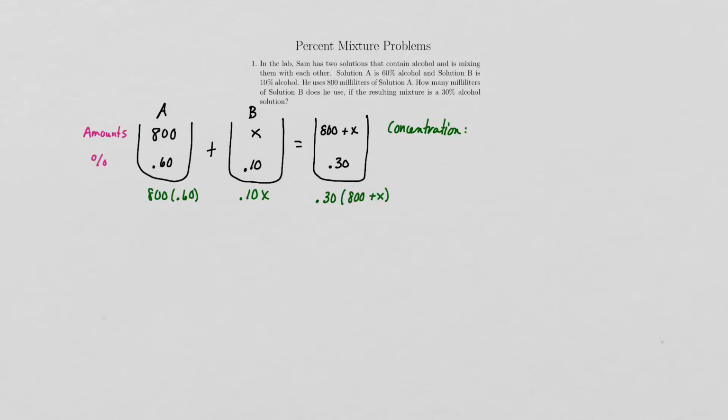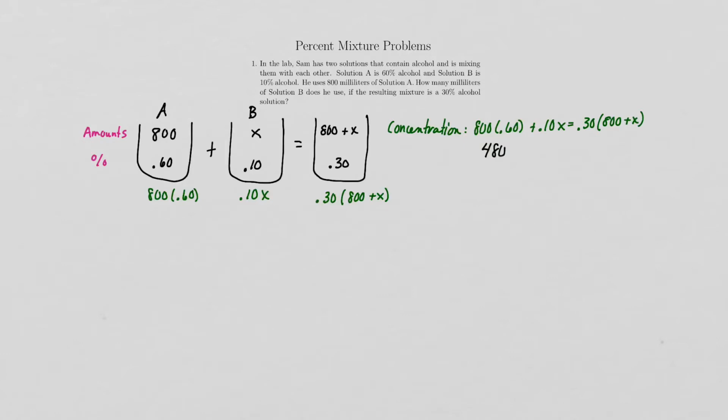So my concentration equation, the equation I'm going to use here, is that 800 times 0.60 plus 0.10x equals 0.30 times 800 plus x. And so if I work some of these things out, what's 800 times 0.6? That's 480.